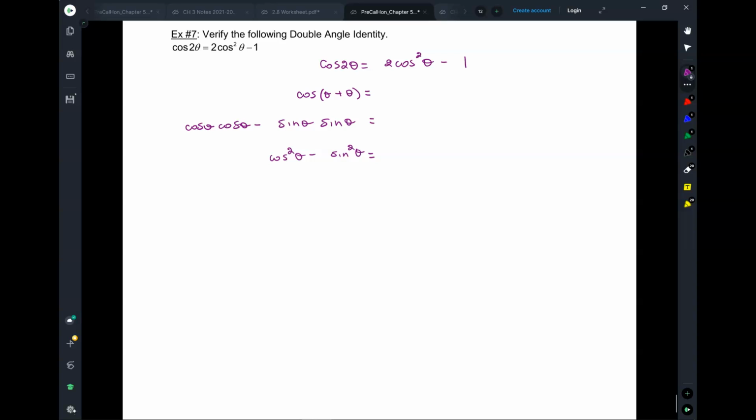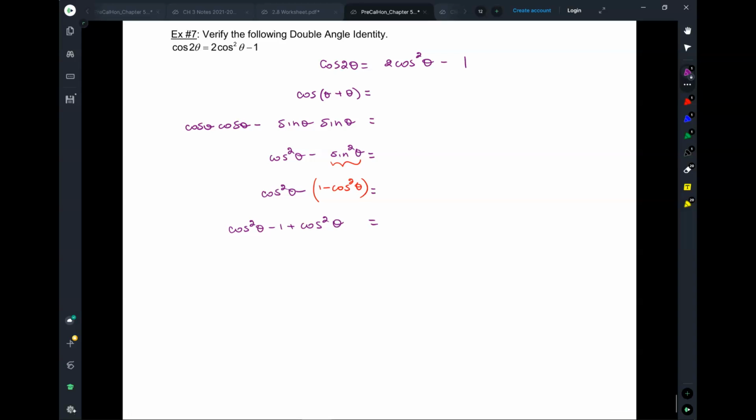So I need to get rid of the sine squared, right? What's one way to get rid of sine squared and make everything into cosine squared? Is there an identity? Pythagorean identity. So cosine squared theta minus, what's sine squared theta? 1 minus cosine squared theta. While distributing the negative, cosine squared theta minus 1 plus another cosine squared theta.